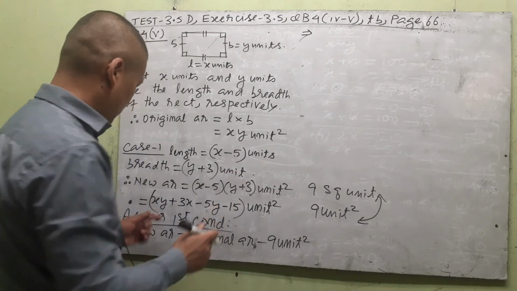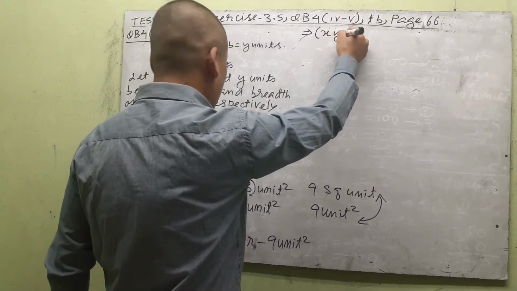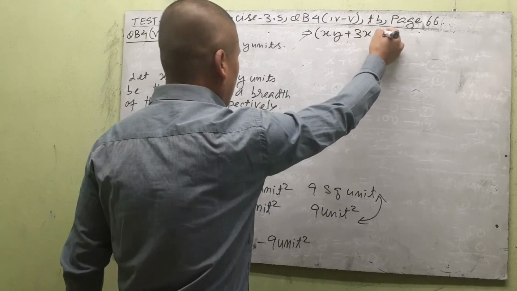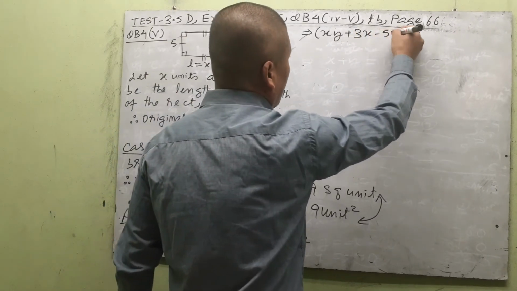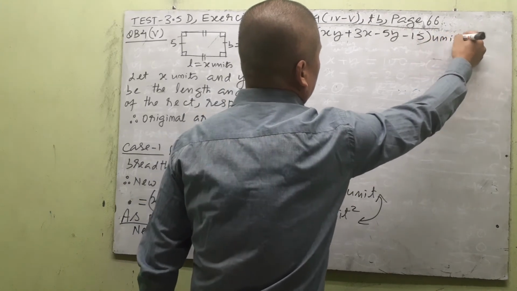Okay, new area, as you can see here, you can just put xy plus 3x minus 5y minus 15. This is the new area, unit square.